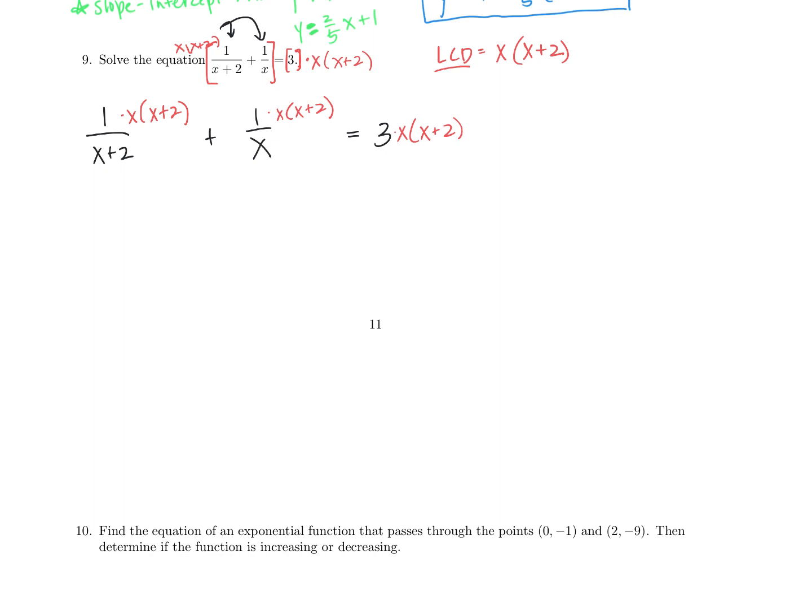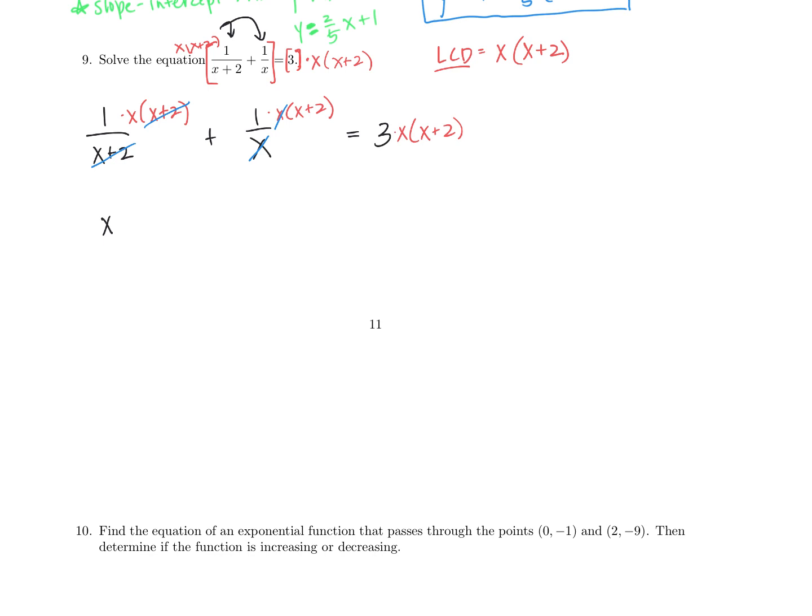What should happen here is the denominators of each fraction should completely cancel out with one of the parts of the LCD. So in the first fraction, the x plus 2's do cancel, and it leaves us 1 times x. 1 times x is x, so that's all that's left from the first fraction. In the second fraction, the single x cancels with the other single x.